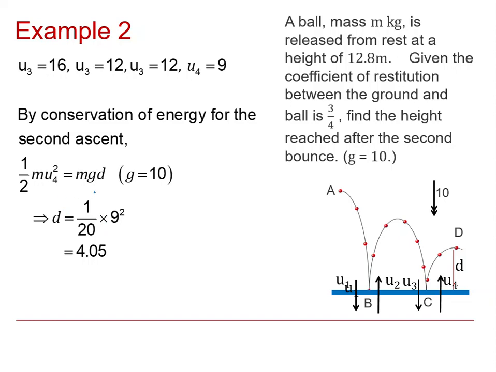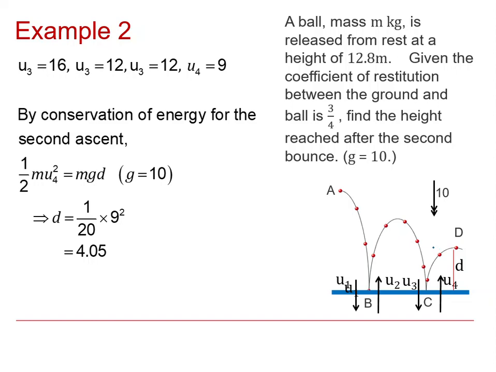Potential energy lost essentially is equal to kinetic energy gained. At the top of the bounce, it's going to have no kinetic energy. So using g as 10, d is a 20th of 9 squared, and that works out at 4.05.